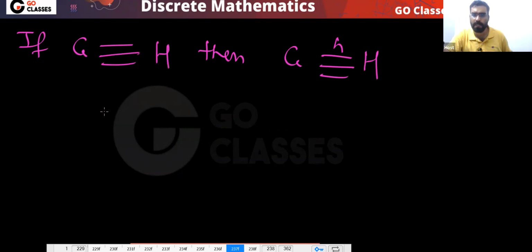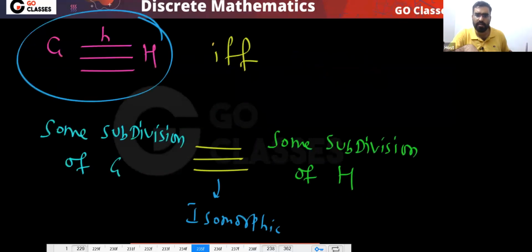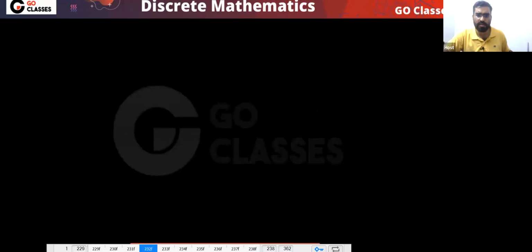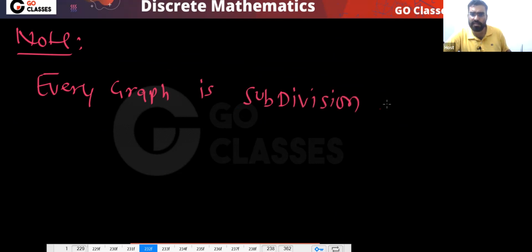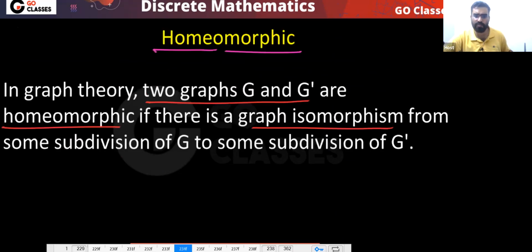Very simple, because G is a subdivision of G and H is a subdivision of H. So remember, every graph is a subdivision of itself.